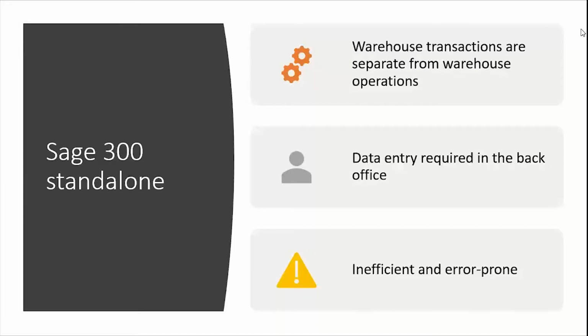There is a secondary data entry required at the back office. So this could be the warehouse clerk or the warehouse supervisor posting a PO receipt, for example. Because you have these two separate steps, different people doing it, it tends to be inefficient and error prone.